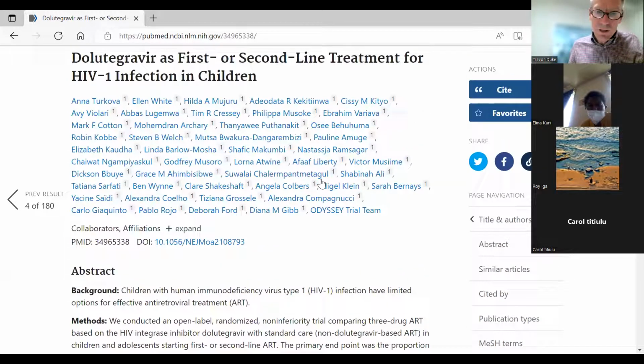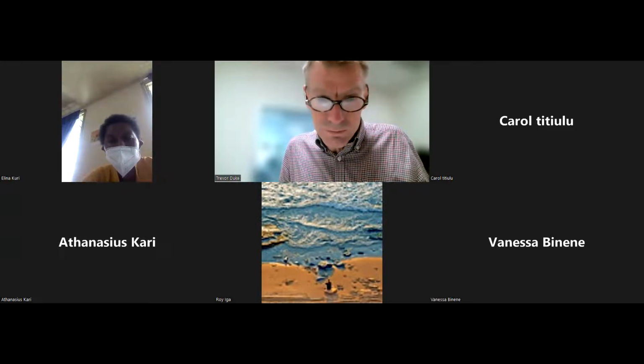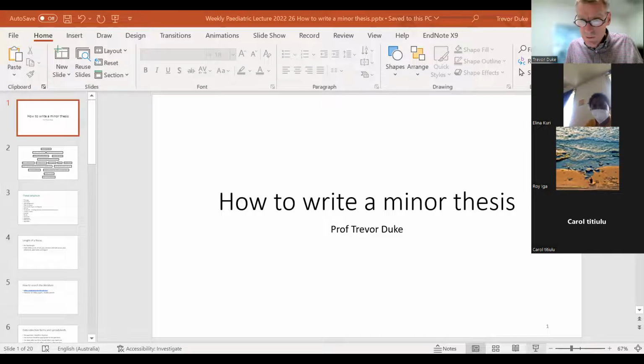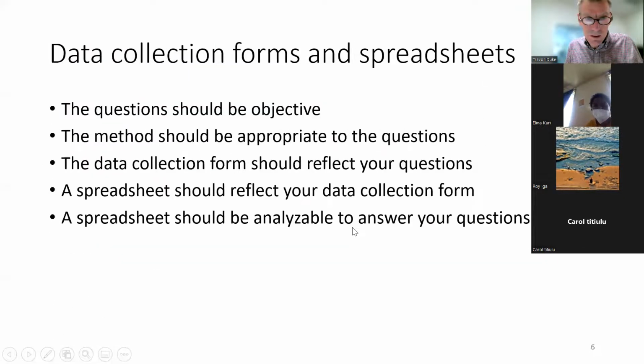Now, this search uncovered 180 papers. And so what I'd usually do is just scan them with my eyes, just going through, picking out the ones that I thought were important. So that's the start of a type of search.